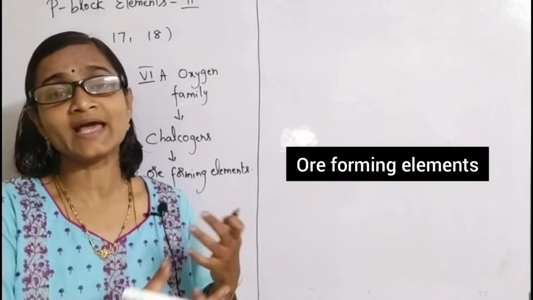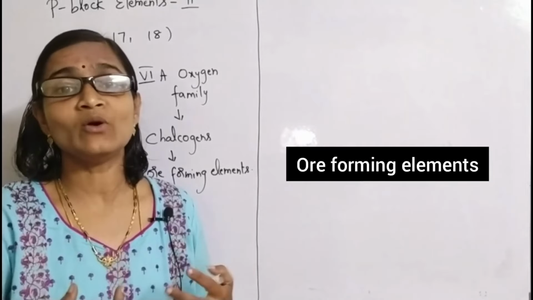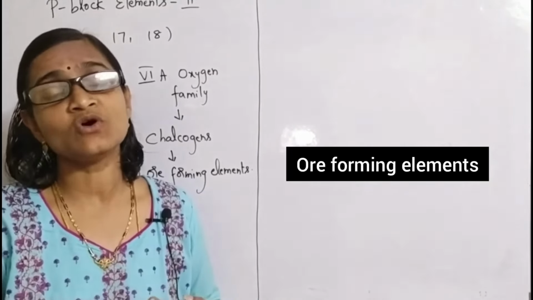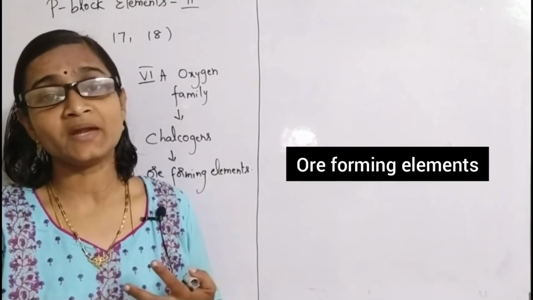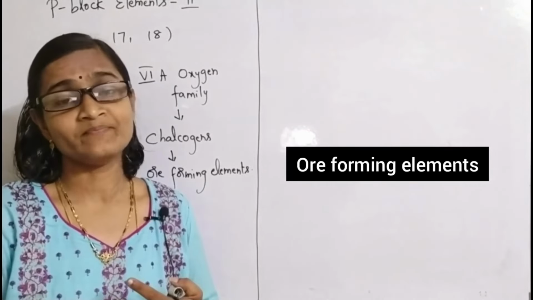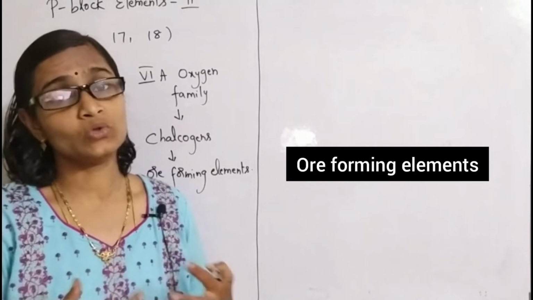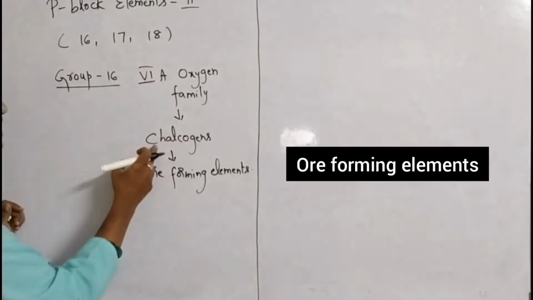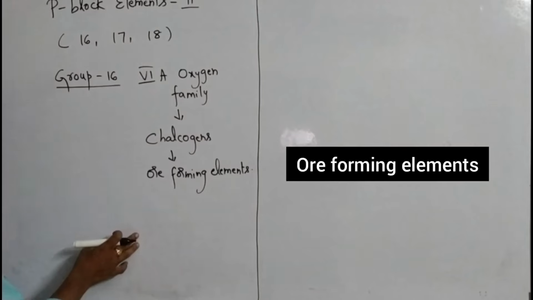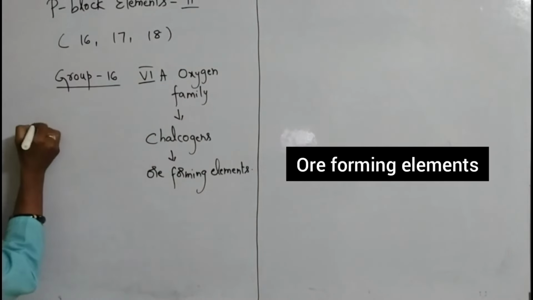Without any economical loss, the substance from which you can separate metals, you call that substance an ore. So chalcogens are ore forming elements.